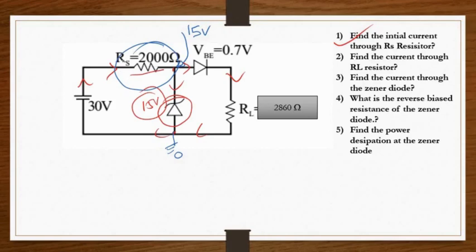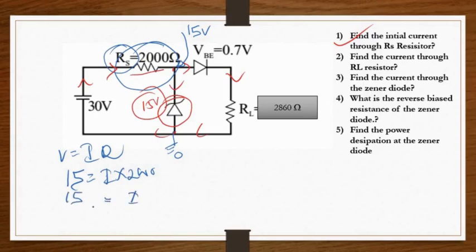So the potential difference across the RS resistor will be 15 volt. Let's apply V equals IR for this RS resistor. V is 15, I is what we need to find, and R is 2000, right? Then I equals 15 divided by 2000.